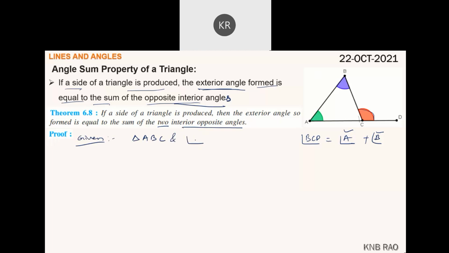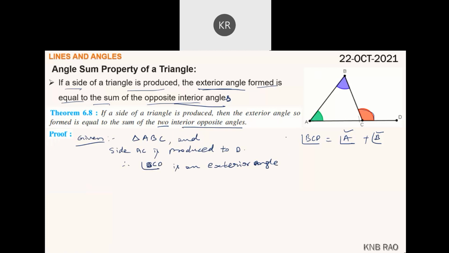Better to say first, take side AC is produced to D. Therefore, angle BCD is an exterior angle.